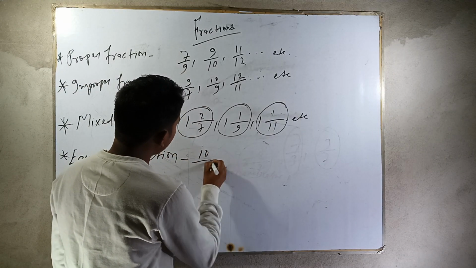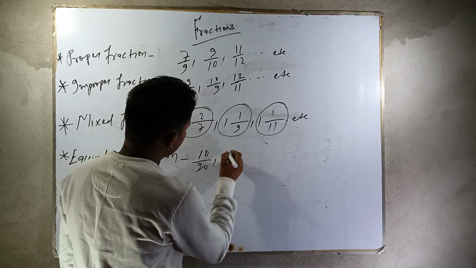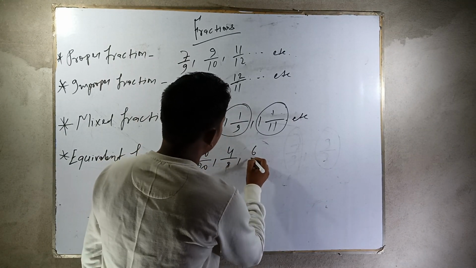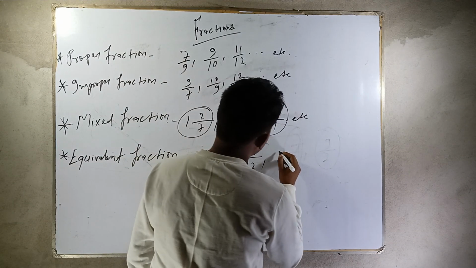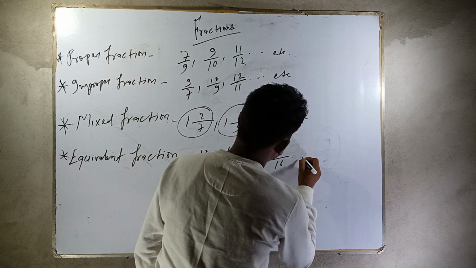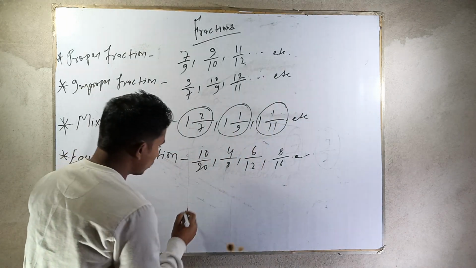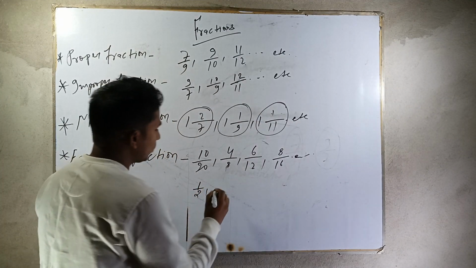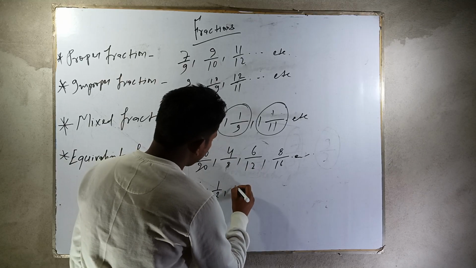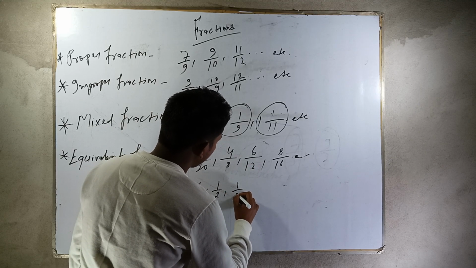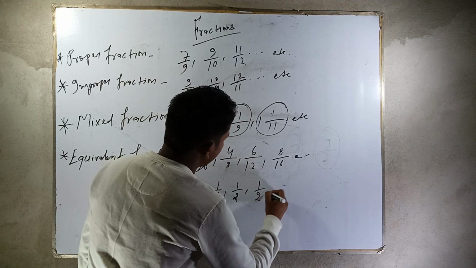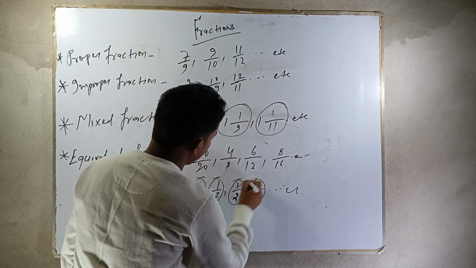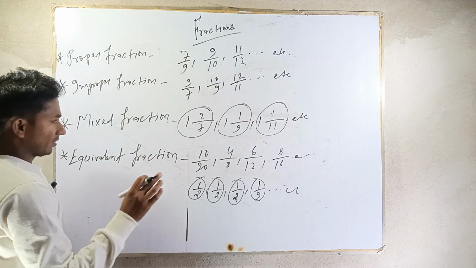Suppose I write 10 by 20, 4 by 8, 6 by 12, and 8 by 16, etc. If you solve all of these, they come to the form 1 by 2, 1 by 2, 1 by 2, 1 by 2, etc. Because all are the same as each other, these are called equivalent fractions.